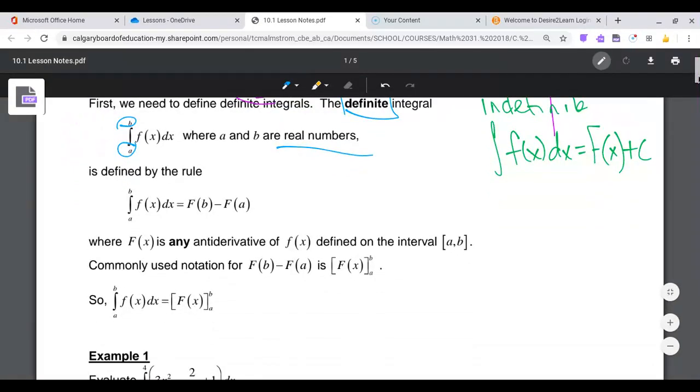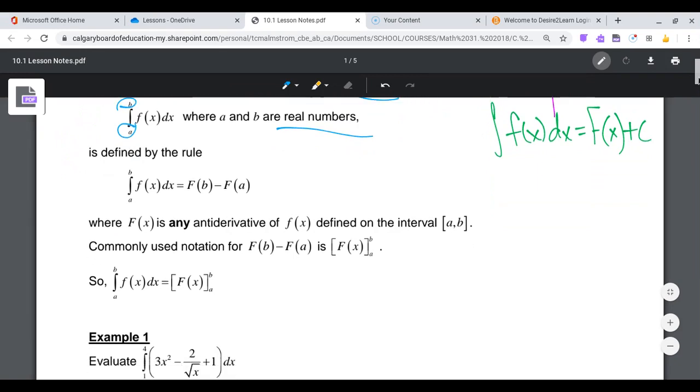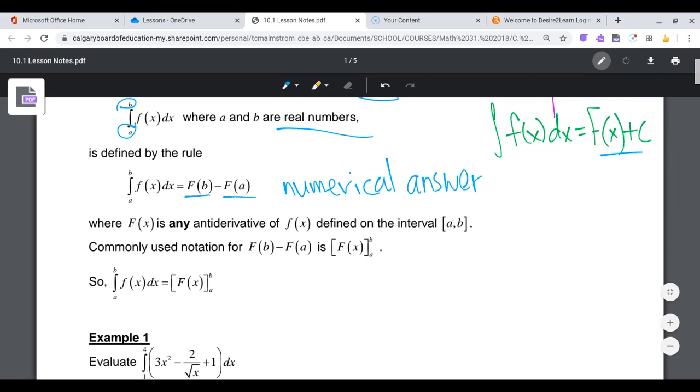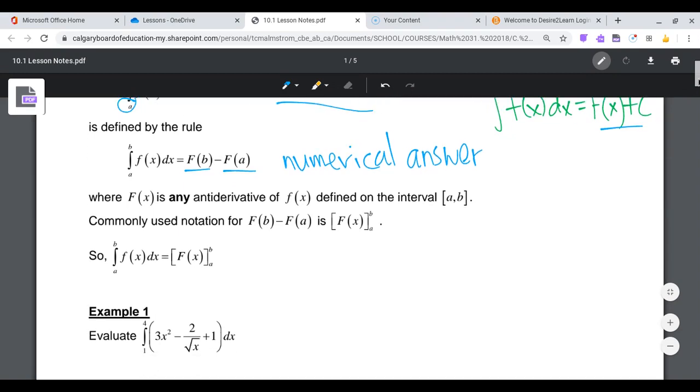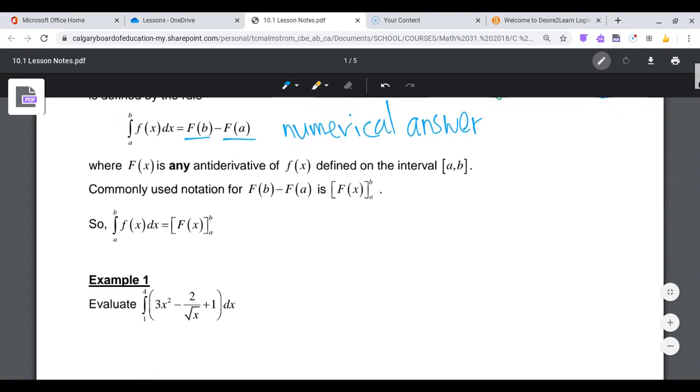The integral of f of x in terms of x from the boundary a to b is equal to the antiderivative evaluated at b minus the antiderivative evaluated at a. This means we're going to get a numerical answer. So instead of getting a family of answers, we're now going to get a numerical answer, where big F of x is any antiderivative of little f of x defined on that interval.